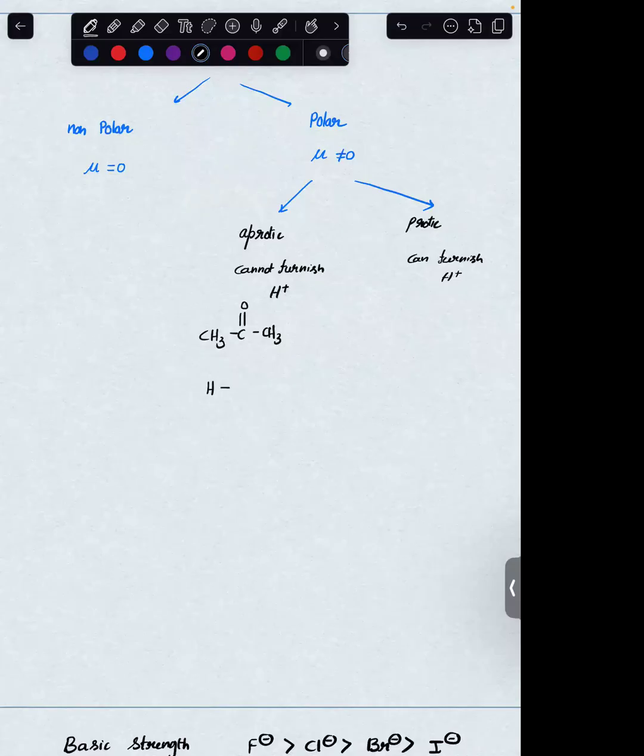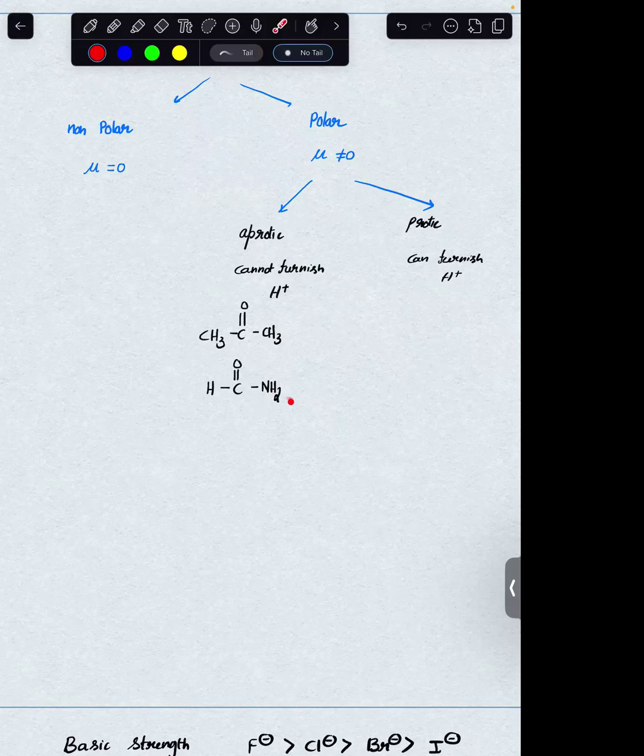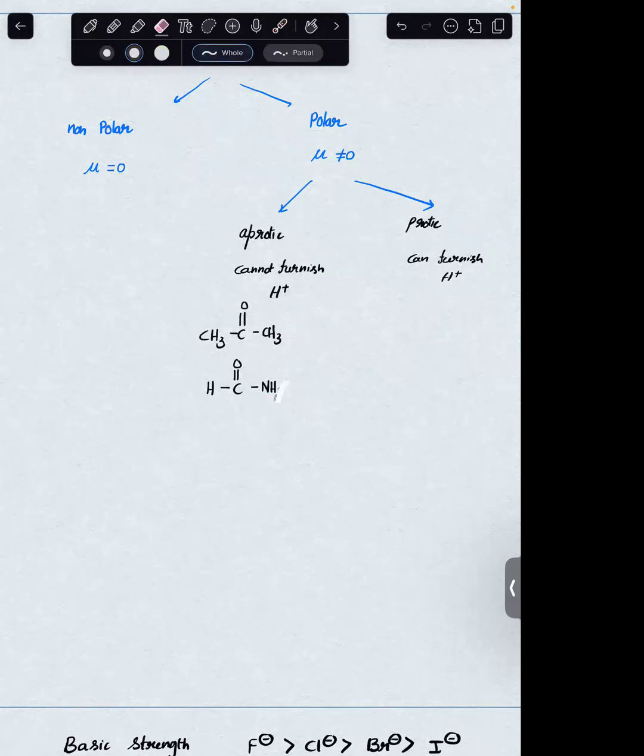Then you have DMF, dimethyl formamide. This is known as formamide, an amide which is made from formic acid. HCOOH is formic acid. An amide is a derivative of carboxylic acid. Okay, if you replace the OH with NH2, it is called an amide. So this is called formamide, and with two methyl groups, N,N-dimethyl formamide.